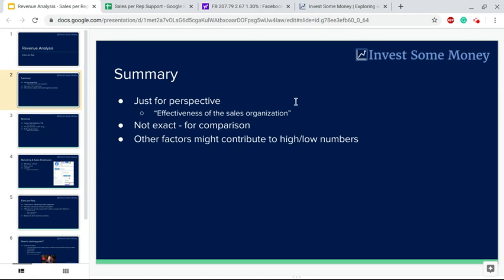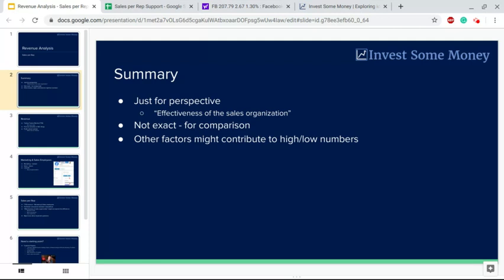And that's not going to be an exact number because we just don't have exact information to work with, as investors or people analyzing companies. But what it does serve to do is allow you to compare between competitors, just for an idea.